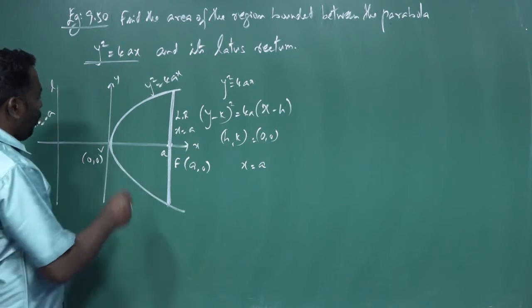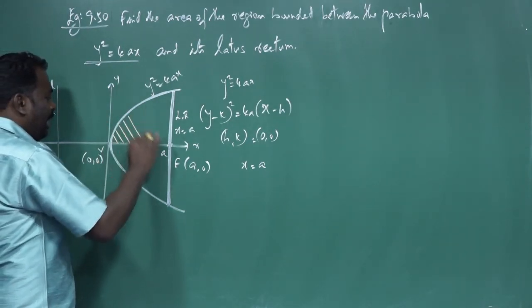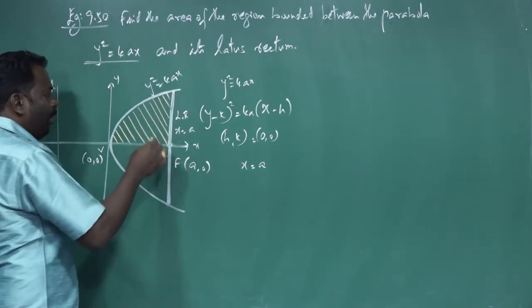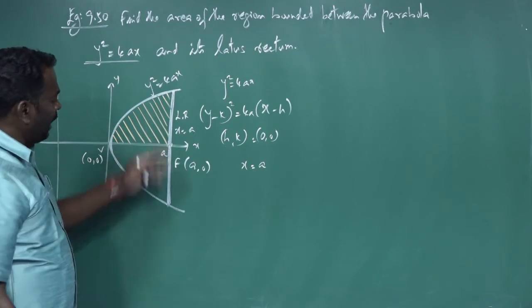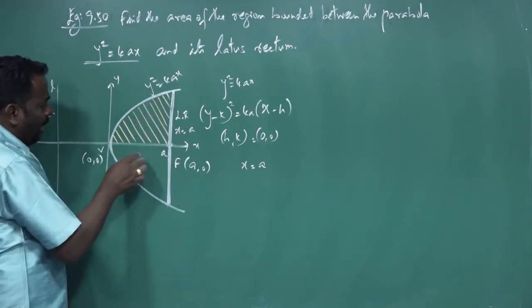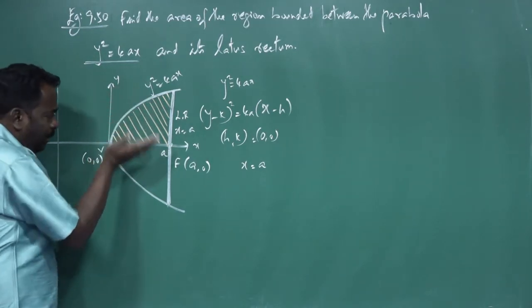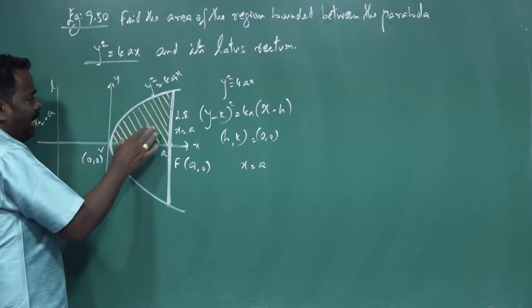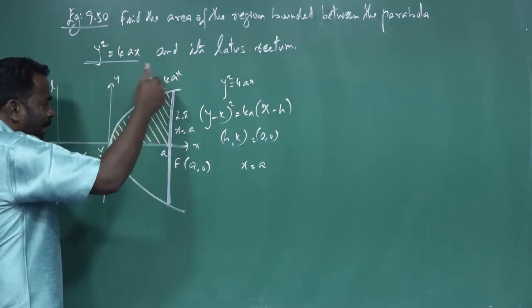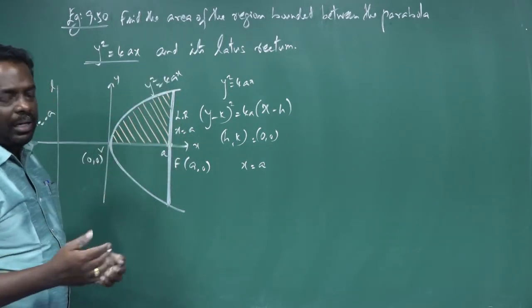Therefore we want to find the area lying in the first quadrant, and that area we should multiply by 2, that is the area bounded by the parabola and the latus rectum. The area obtained above the x-axis is the same below, so we find the area in the first quadrant and multiply by 2 to get the total area between the parabola and the latus rectum.